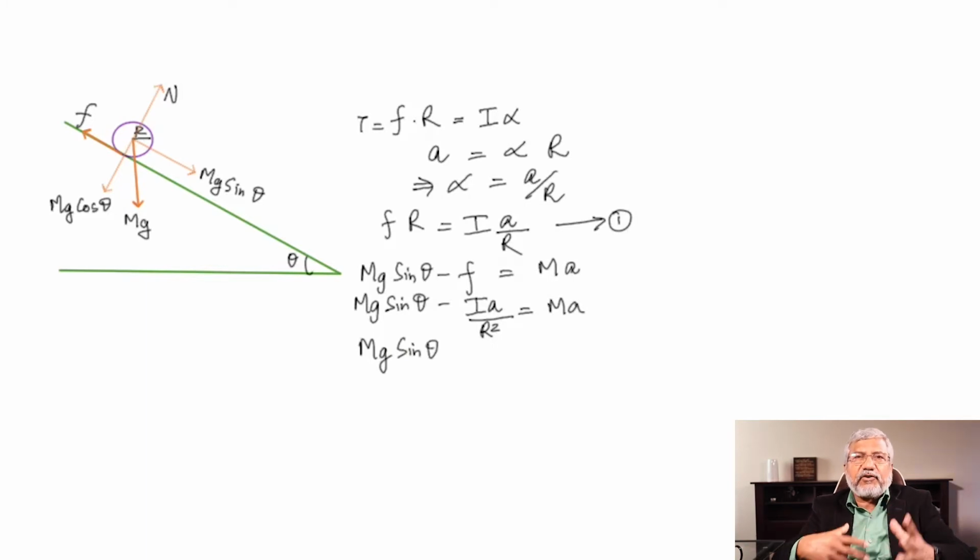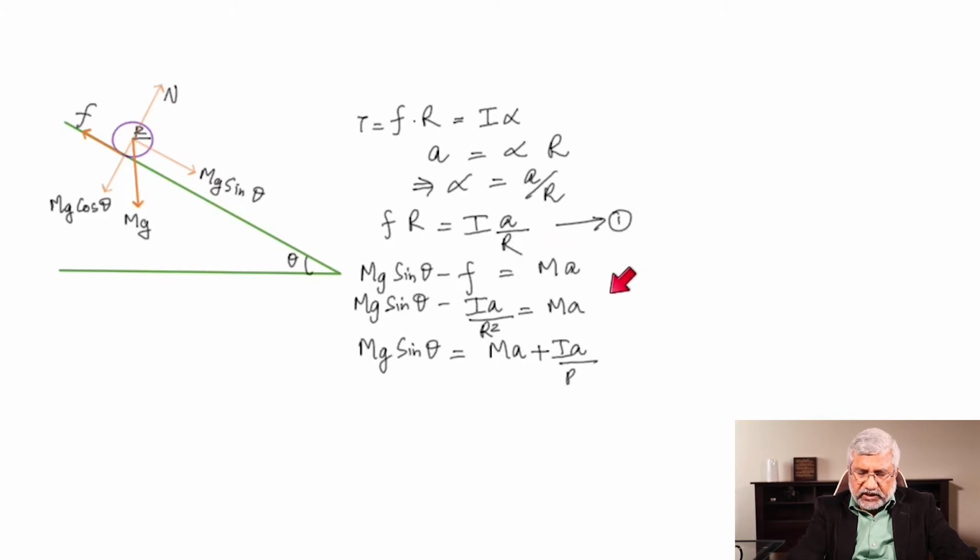Remember, we're trying to get a formula for a, so I have to separate a. And that's what I'm doing there. I brought this term over to the other side, that's why I changed sign. And then take out a. Once you pull out a, you can now divide both sides by this quantity.